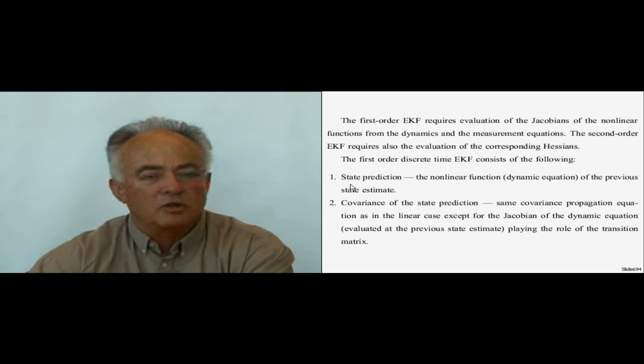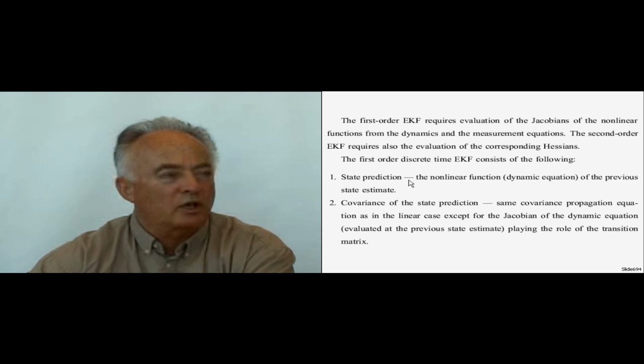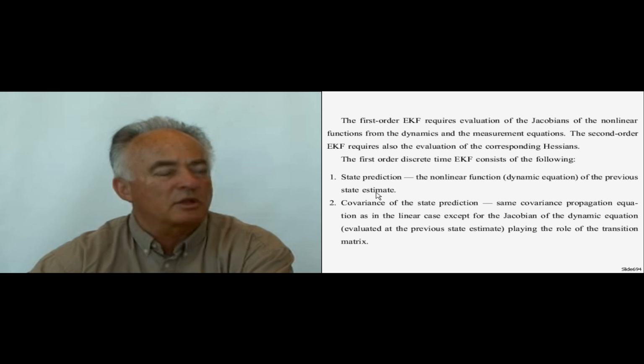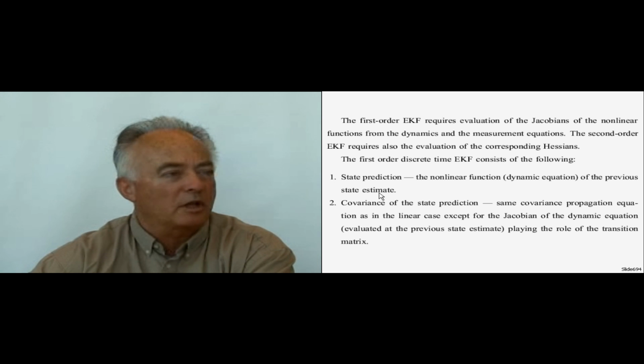State prediction, so this is again within one cycle: you predict from the previous estimate one step ahead, and you use the nonlinear function, the dynamic equation, of the previous state estimate. So that function of the previous state estimate based on the dynamic equation gives you the predicted state for the next sampling time.